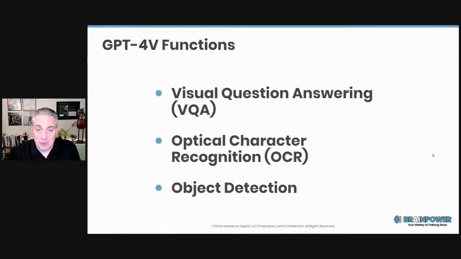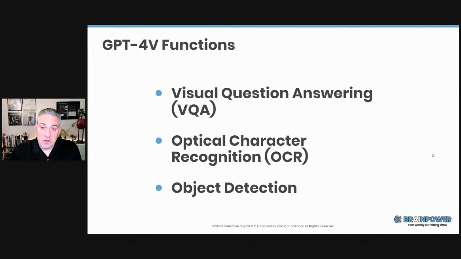So what is possible? The first thing that's possible is something called visual question answering. This is when we can ask ChatGPT an open question about the image, like what's in the image, how many items are in there, and that kind of thing. Optical character recognition, or OCR.